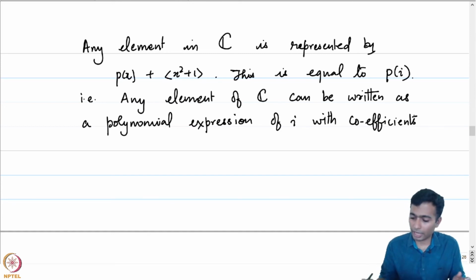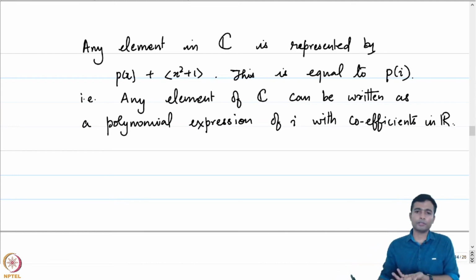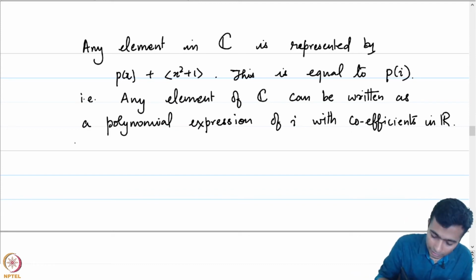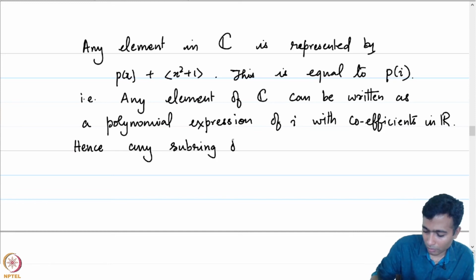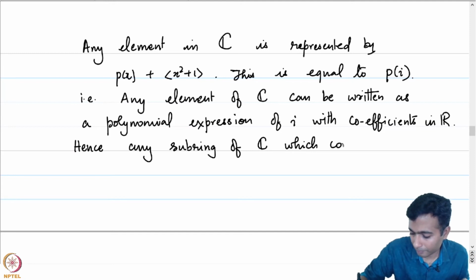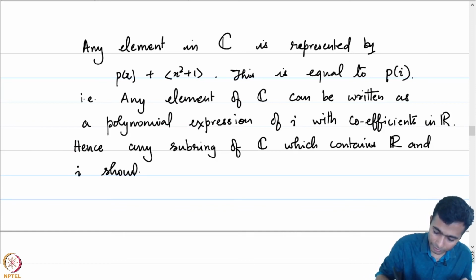It will certainly have any polynomial expression in I with coefficients in R, because it's closed under both multiplication and addition. So this tells us that any subring of C which contains R and I should necessarily be equal to C.